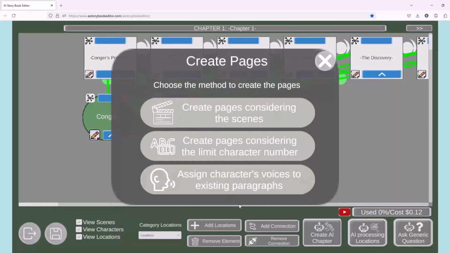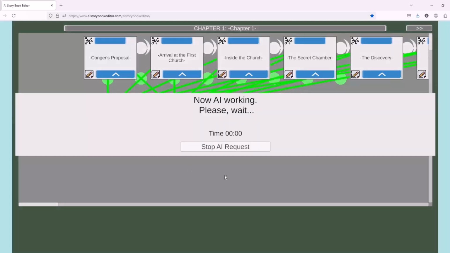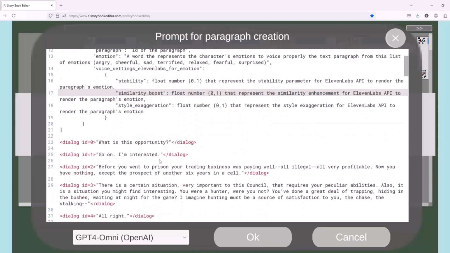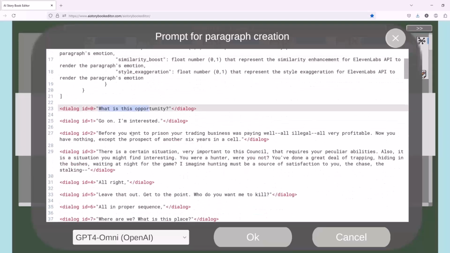So we are going to run this operation of assign character's voice to existing paragraphs, and what this prompt is going to do, it's going to take all the dialogues for this chapter, and ask the LLM provider to find out to which character each dialogue belongs.